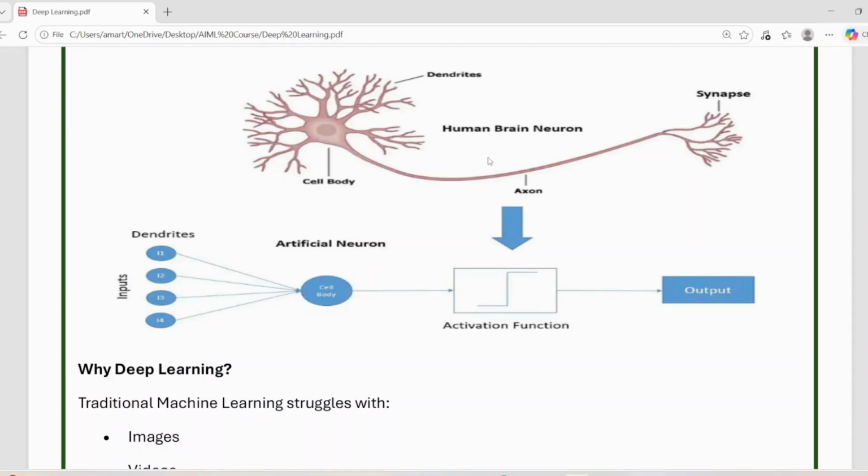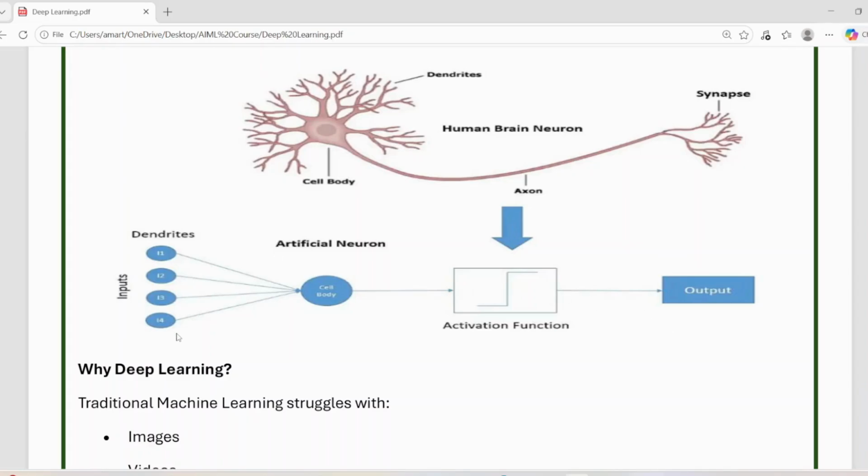So your dendrites became your inputs, your cell body became your weighted sum plus bias, I will explain that. Axon became your activation function and synapse became your output.